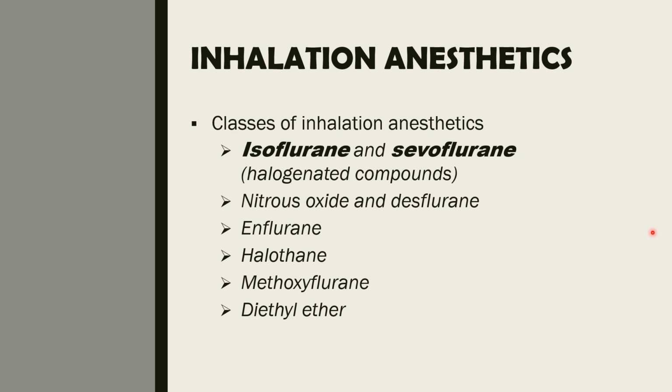We also have desflurane, enflurane, halothane, methoxyflurane, and diethyl ether. These are the inhalant agents that are not used as often to maintain anesthesia. So the most commonly used again are isoflurane or sevoflurane, or they are simply called iso and sevo.